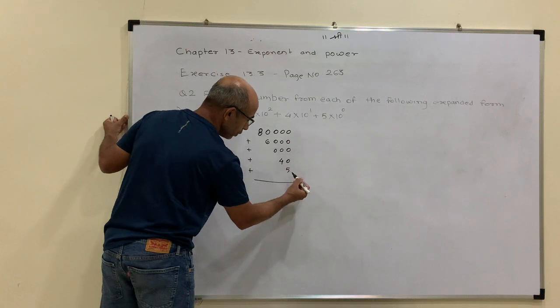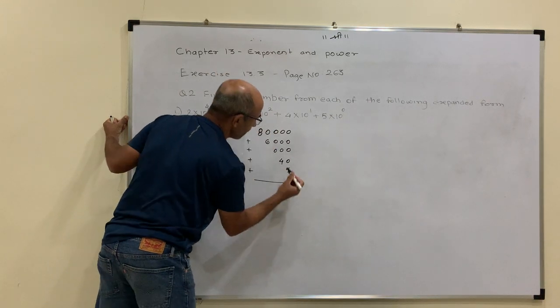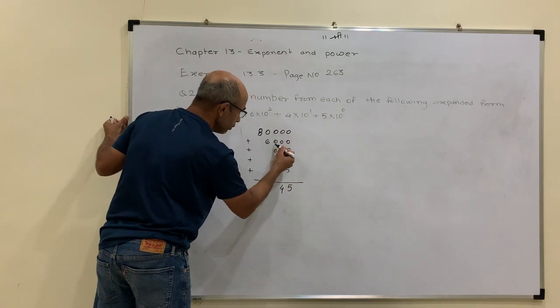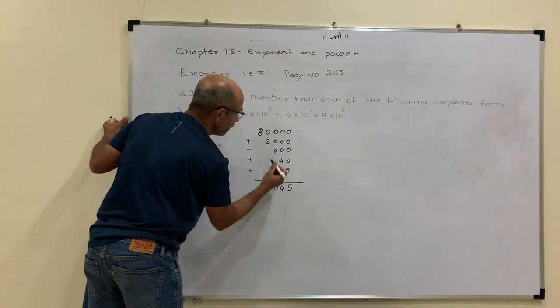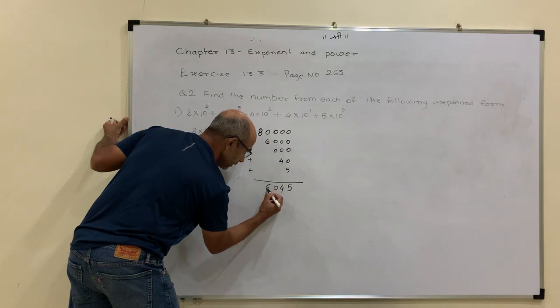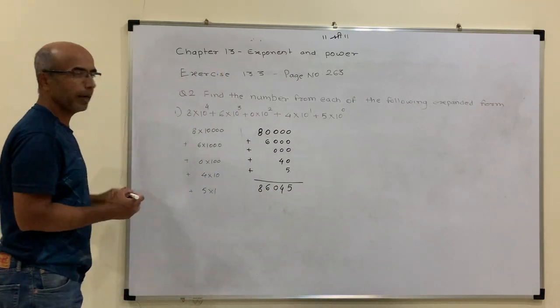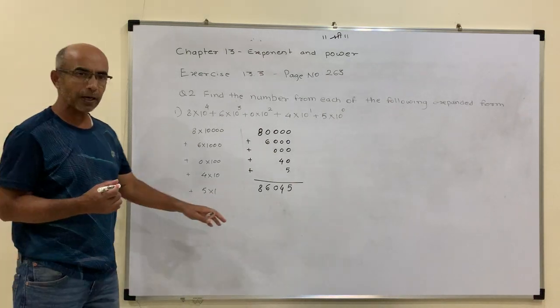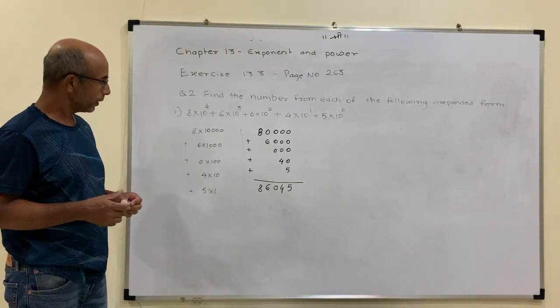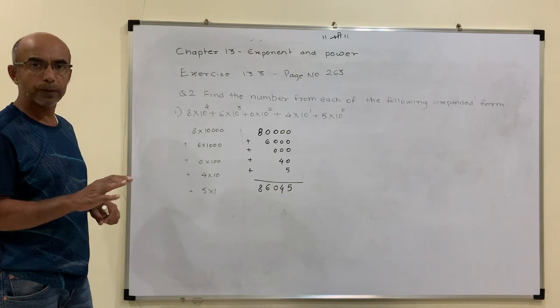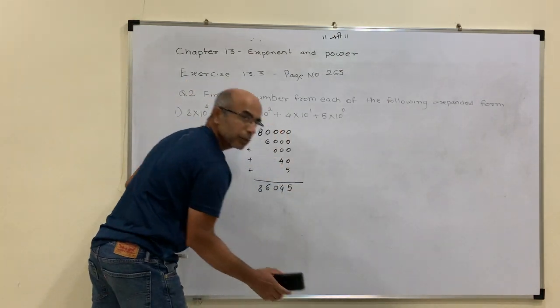So 0, 0, 0 plus 5, 5. 0 plus 4, 4. 0, 0, 0, 0. 0 plus 6, 6. 8 plus all 0, 8. So your number is 86,046. Now we'll move on to the next one.